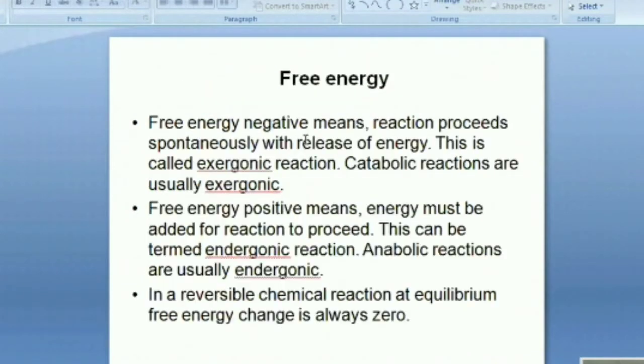Next, free energy. From this free energy we can start. We have some light discussions on free energy. Free energy is the energy available for performing work. What work?